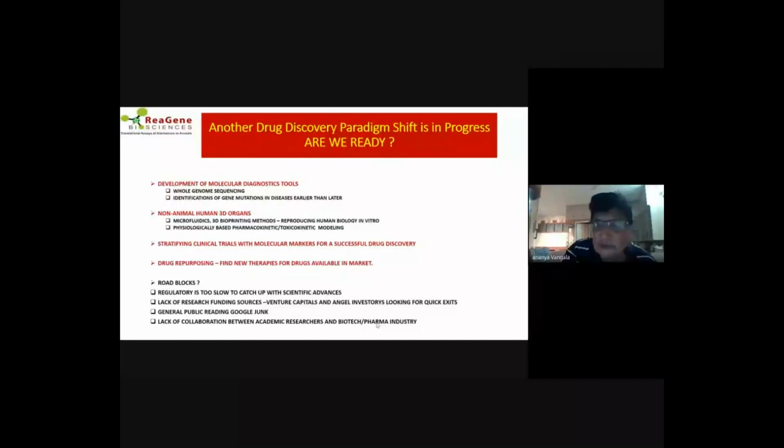So drug repurposing. The thing is that we already have 8,000 FDA drugs. I don't need more and more drugs. And out of these 8,000 FDA drugs, if I can repurpose in the human 3D models and identify many other drugs that may work for other human diseases like Alzheimer's disease or Parkinson's disease, etc., we can actually make a huge difference.